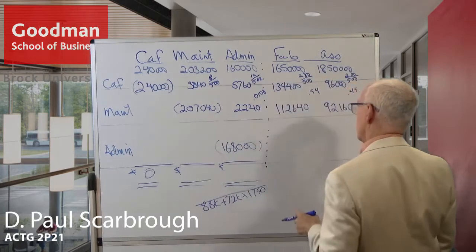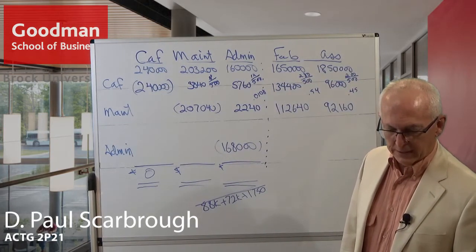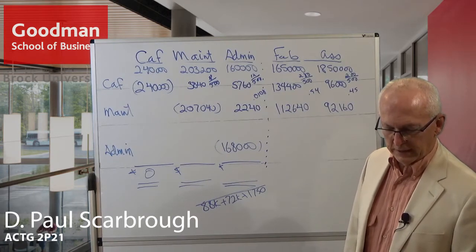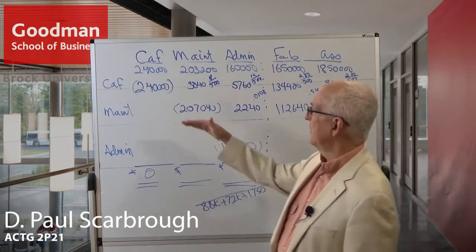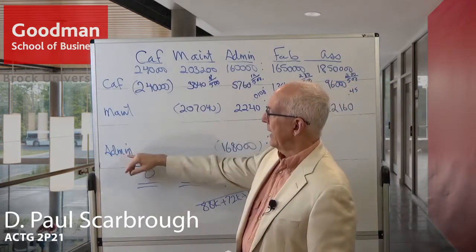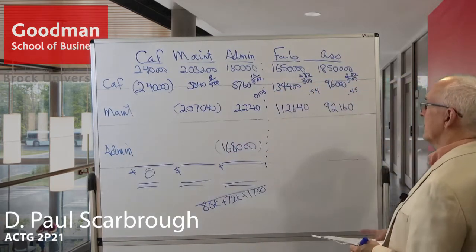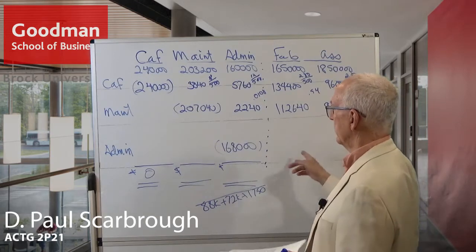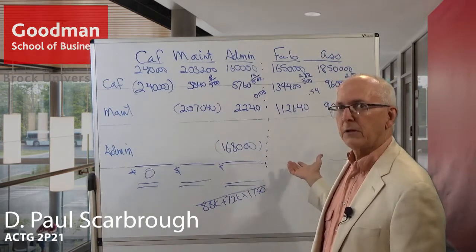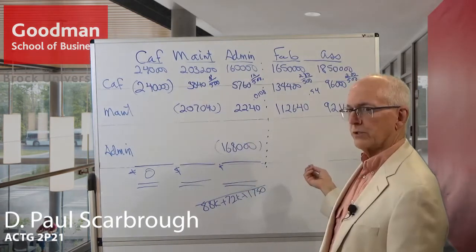Okay. Credit again. And remember, admin is based on direct labor hours, which we would then actually use the same fraction. So as a quirk, even in the step method, the last one that you do, the admin, is actually the same decimal fraction as the direct method. But we can recompute it, because often on an exam, I'm not going to ask you to do the direct method and the step reciprocal.